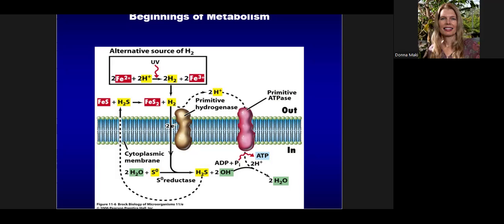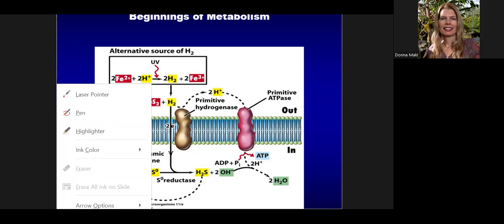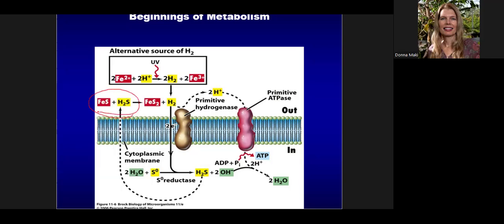If you look at the iron sulfide and the hydrogen sulfide reacting, really they didn't care so much about this product, the FeS2. What they really cared about was the H2, because they knew the rules of the game.